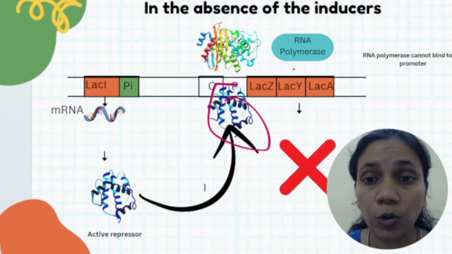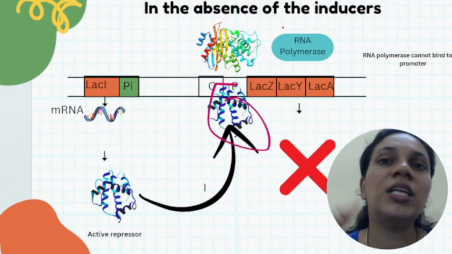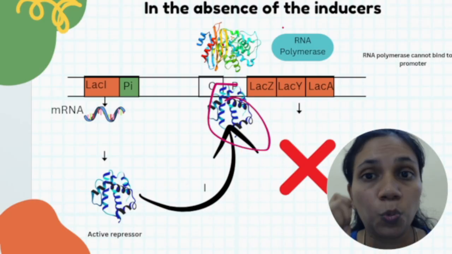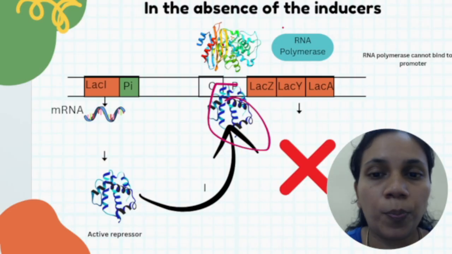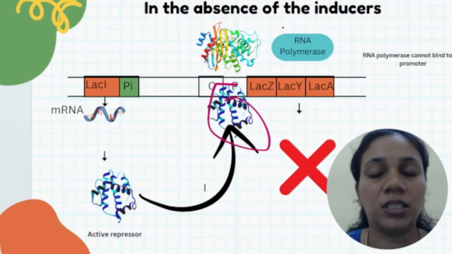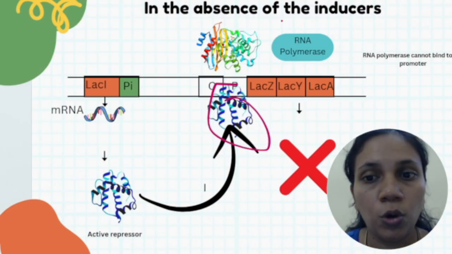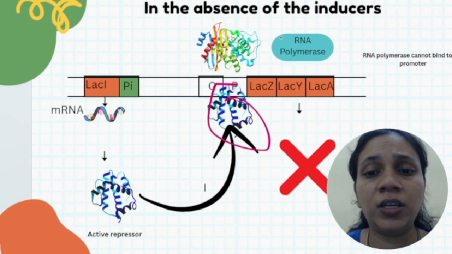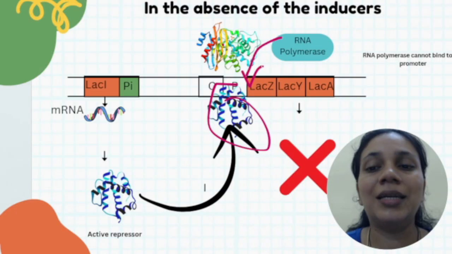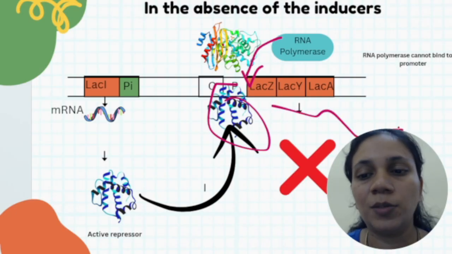Your RNA polymerase is a very smart guy. It stringently notices when the repressor is bound to the operator and when it is dissociated. The moment it comes to know that the repressor is not bound to the operator, it quickly fits onto the promoter and starts the process of transcription.